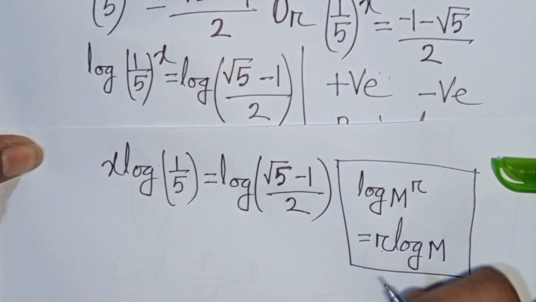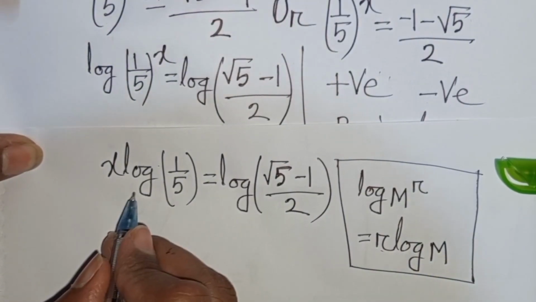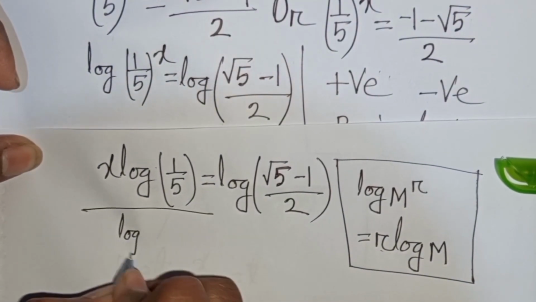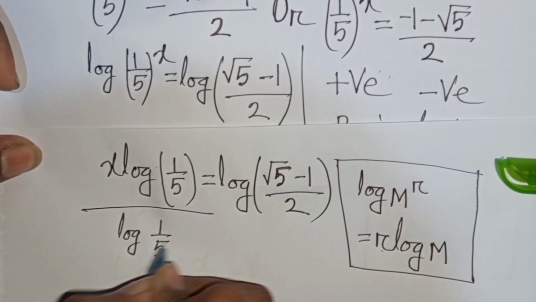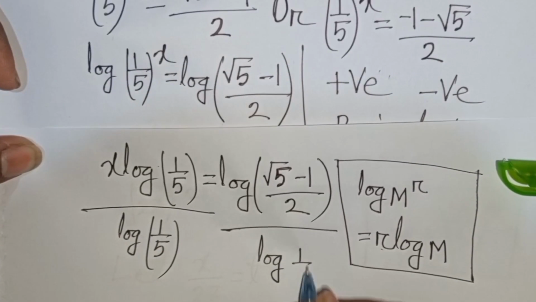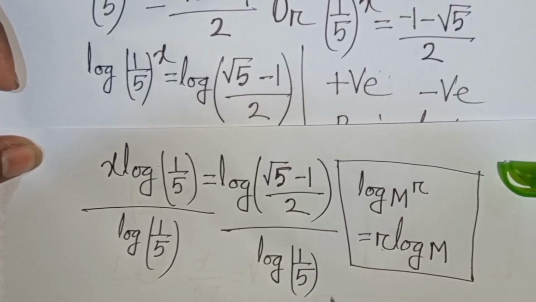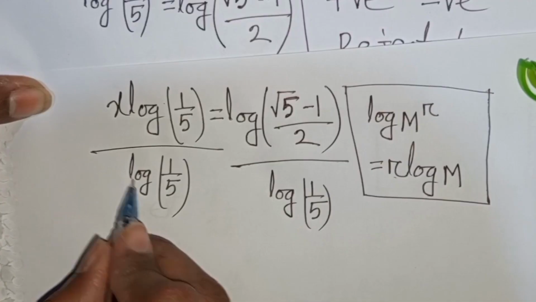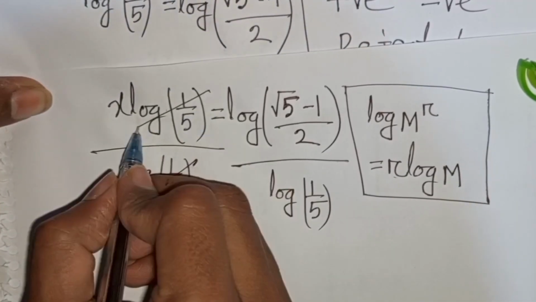Now we need the value of x, so we divide by log of 1 by 5 on both sides. Now we see this log of 1 by 5 will be cancelled.